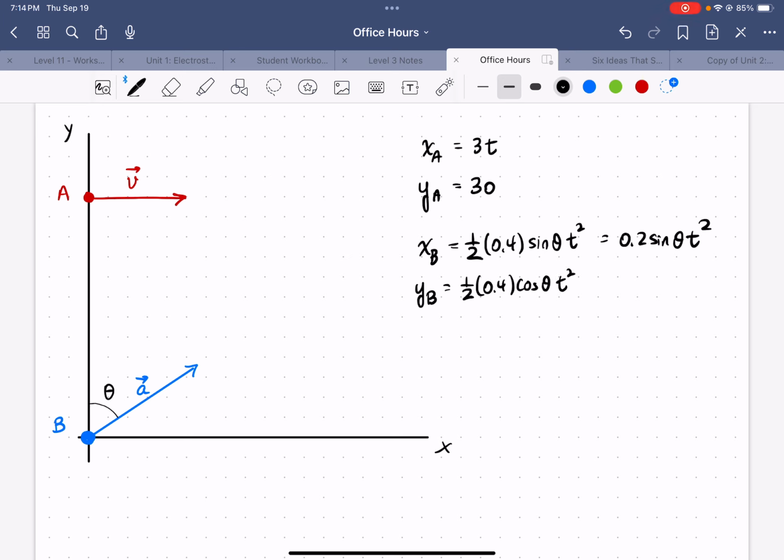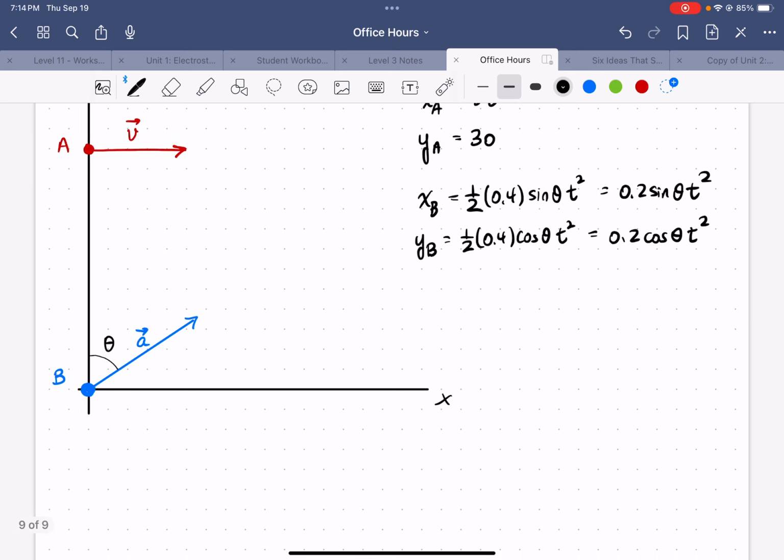Okay, so in order for these objects to collide, they have to have the same x and y position at some time, so we can set the expressions for the x and y positions for the two particles equal to each other. If we do that, we will get 3t is equal to 0.2 sine theta t squared, which will give me sine theta t squared is equal to 15t.